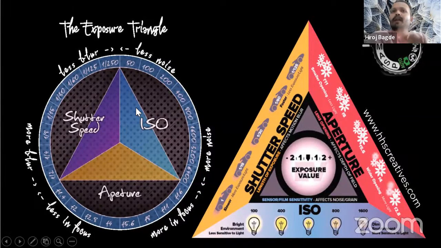But as we go higher in ISO, we get more noise, more grain, so the detailing of the images is lost. So we have to make a balance between these three. That's why it is called the exposure triangle principle, and it has to be perfectly balanced whenever we take any kind of picture.